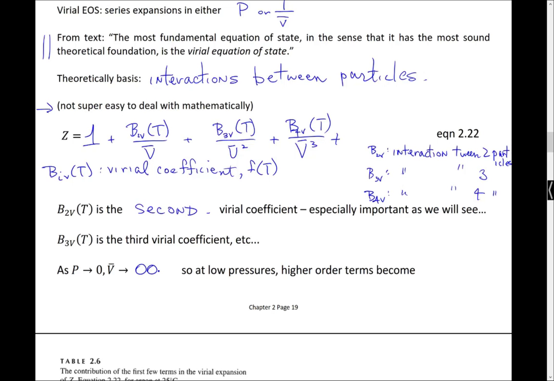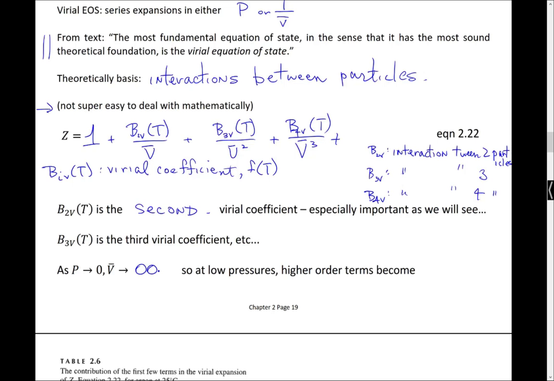All right, so let's take a look at this for a moment. So V bar is in the denominator. I'm talking about pressure going to zero. All right, so as pressure gets smaller, V bar goes up. This is going to go up faster because it's squared. This is going to go up faster still. We all agree with that?